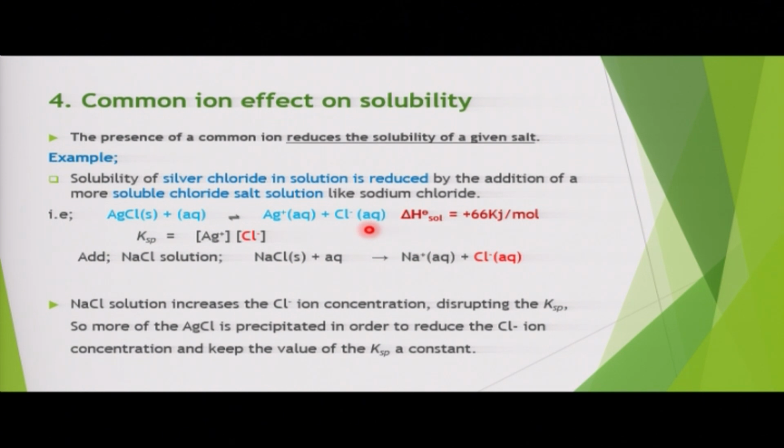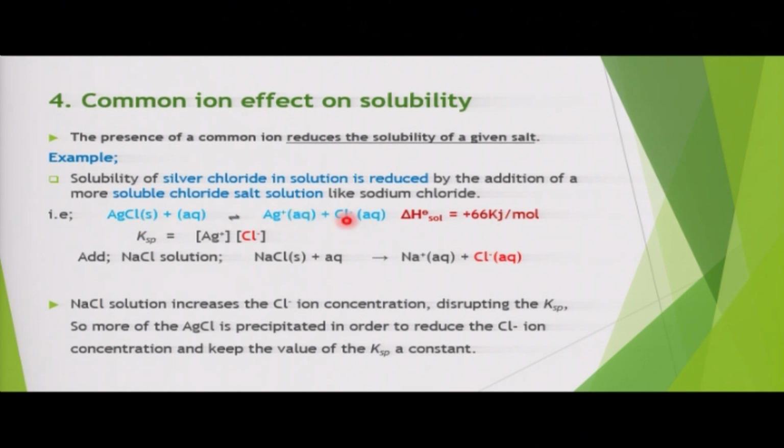When you add in the sodium chloride, the introduced chloride ions will increase the concentration of chloride ions in this saturated solution. So the KSP will be disrupted. To regain the KSP, the chloride ions must combine with the silver ions, forming undissolved silver chloride.